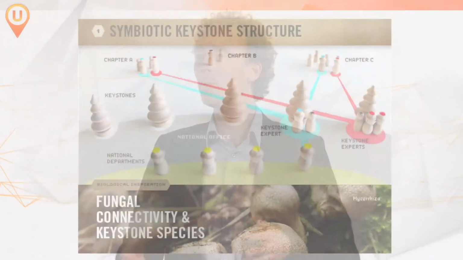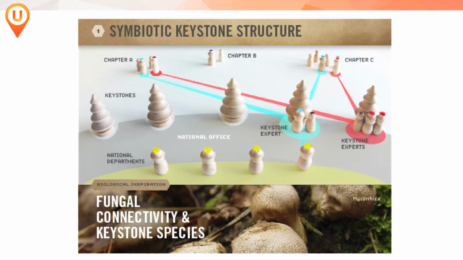There was one around connectivity, really looking at the challenge of having a hierarchical top-down approach in the organization that wasn't working. How could they build a stronger sense of community and connectedness that made the organization more flexible? The inspiration they drew from nature for the solution came from two sources.